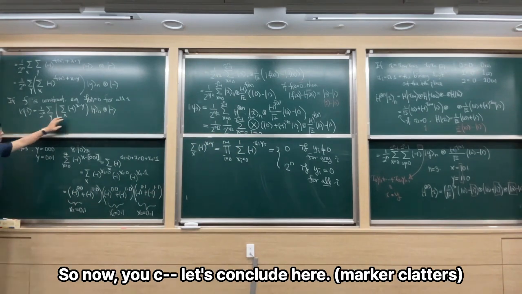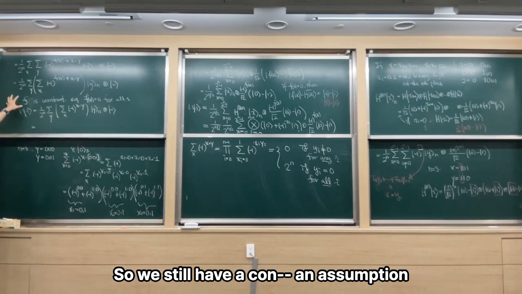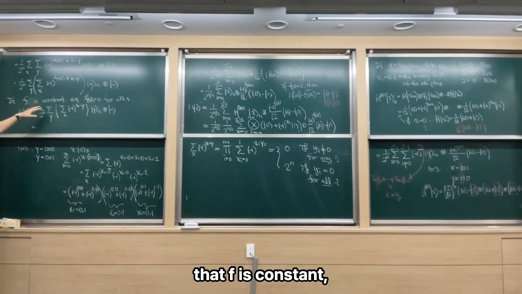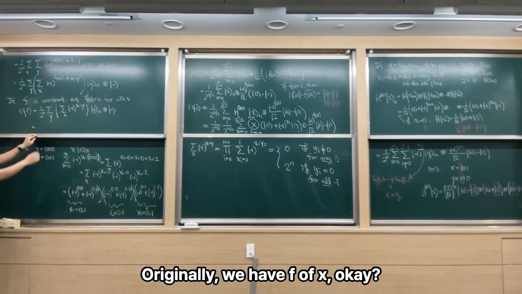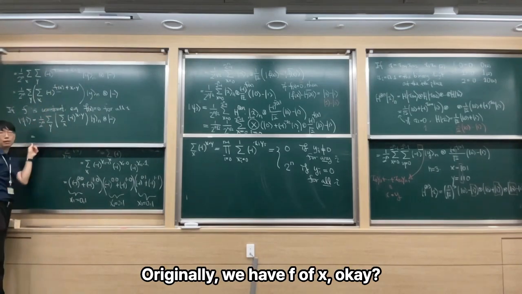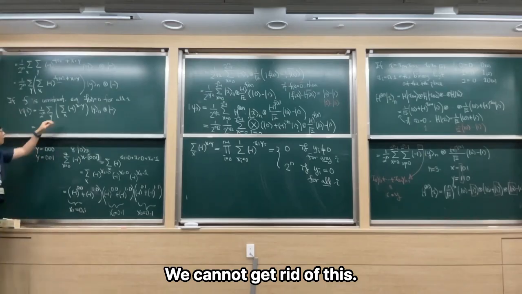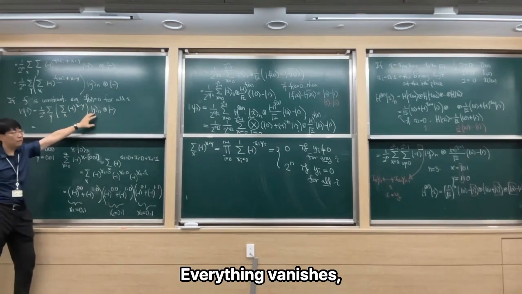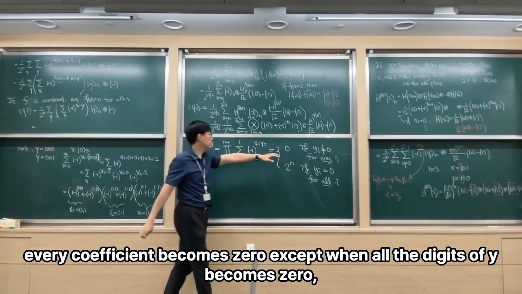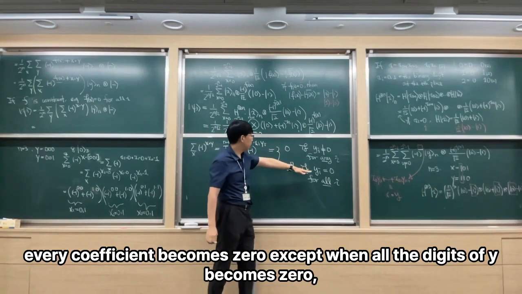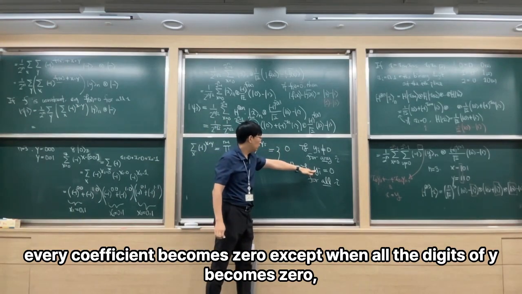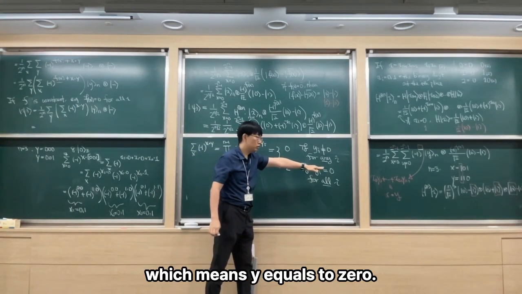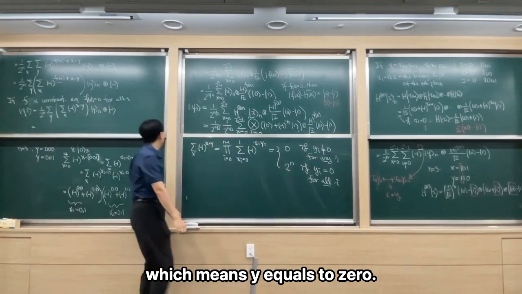So now let's conclude here. We still have an assumption that f is constant. That's why we have this. Originally, we have f of x. Okay, we cannot get rid of this. Now, what happens here? Everything vanishes. Every coefficient becomes 0, except when all the digits of y become 0, which means y equals 0.